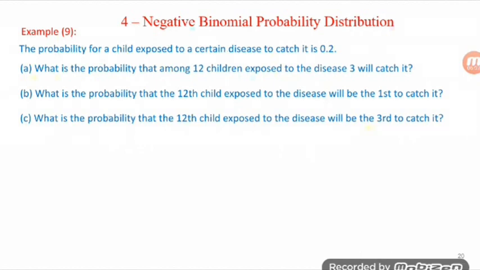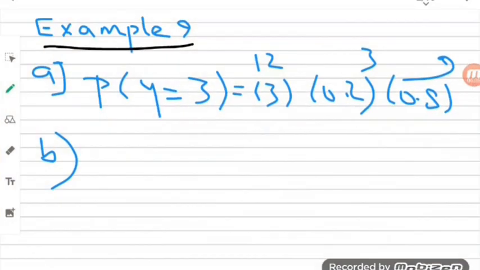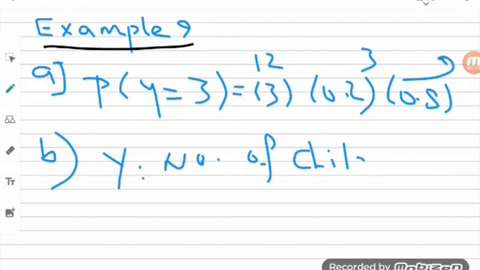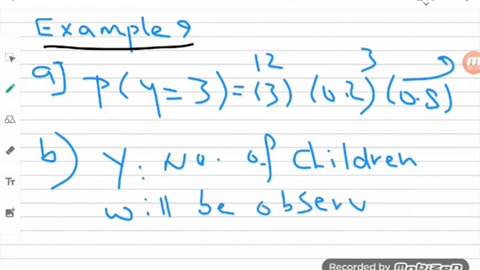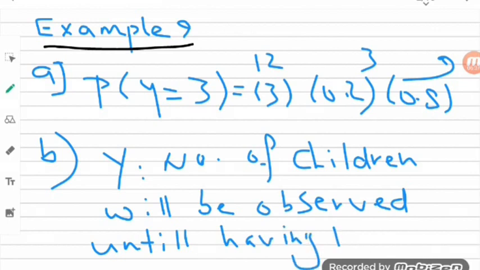So in number B, we'll define here a new random variable y that will denote the number of children that will be observed until having the first child with the disease.